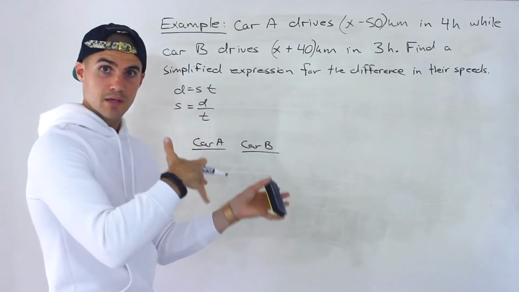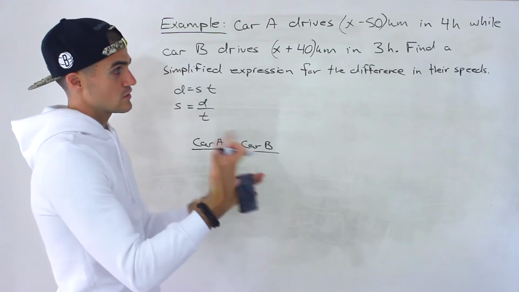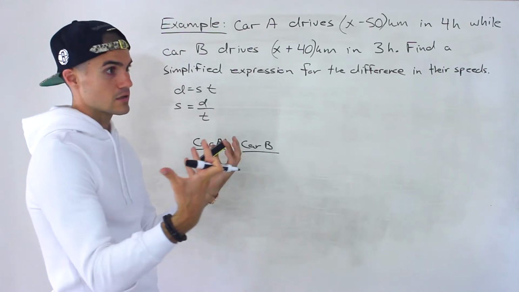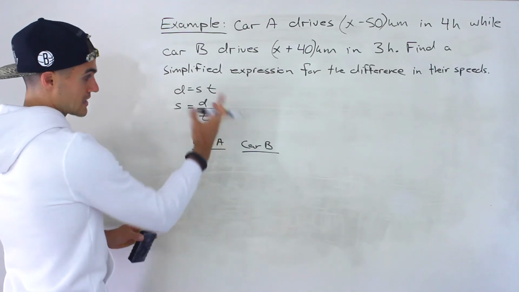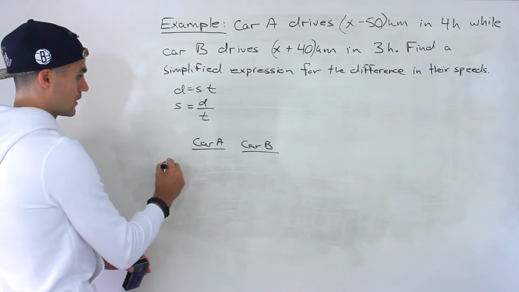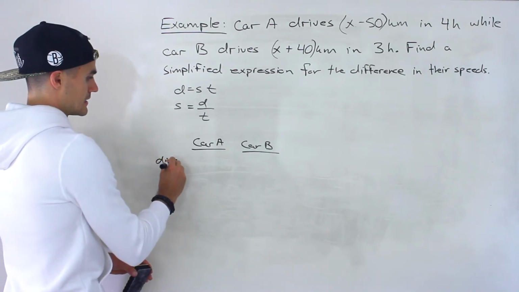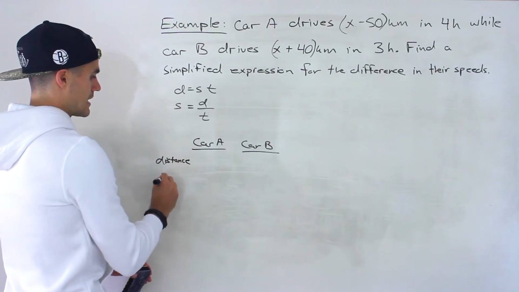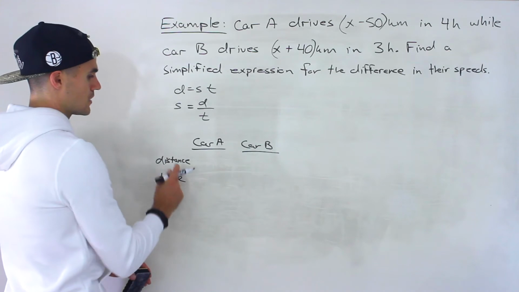Sometimes you'll get the speeds and the times, and then you'll have to find the distances, or the difference in the distances, or the sum of the distances. Different things you may have to find, or the times. So making a chart like this, no matter what you're given, I feel will help. What we're given is the distance and the time, and then we can get the speed once we have both of those.